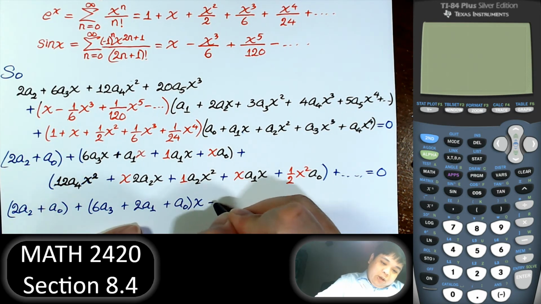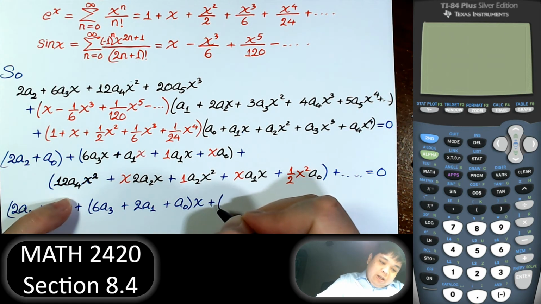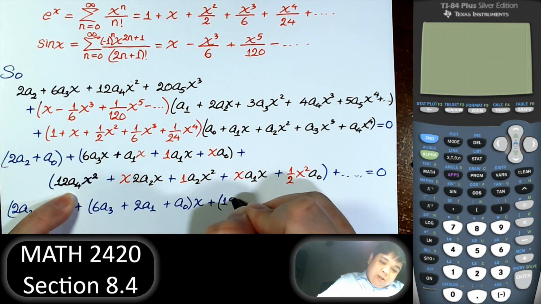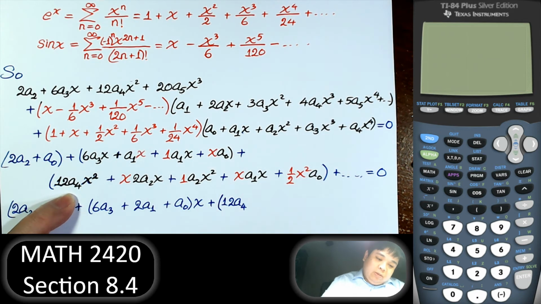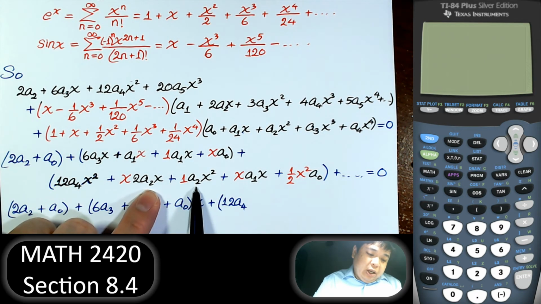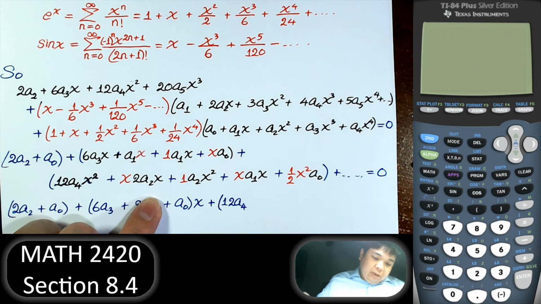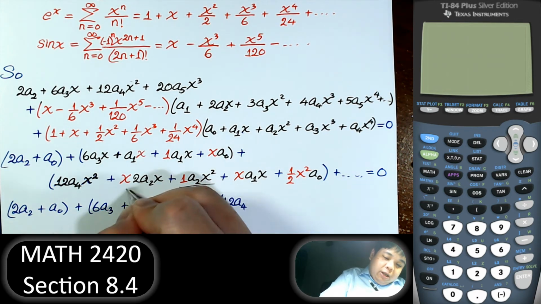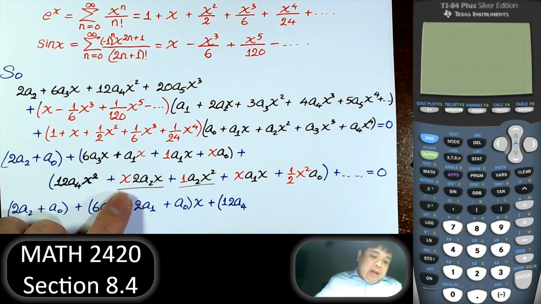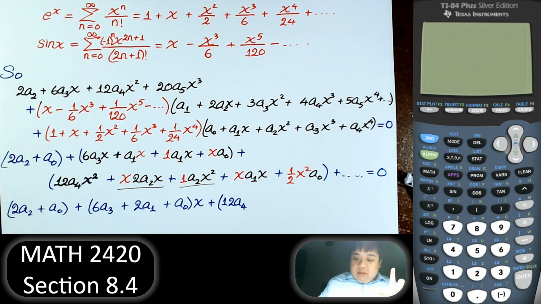Next, what do we have? 12a4. Now we have a2 here, right? a2x squared and a2x squared. One of them, two of them, like that, 3a2.